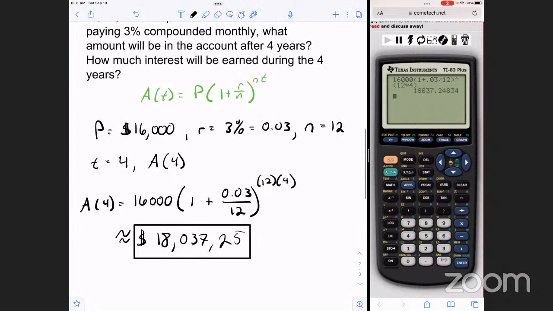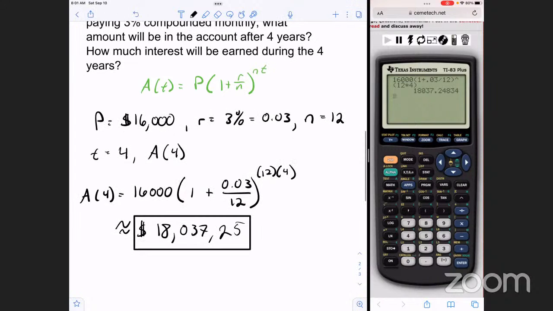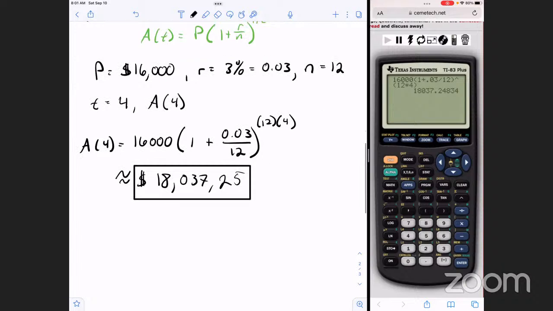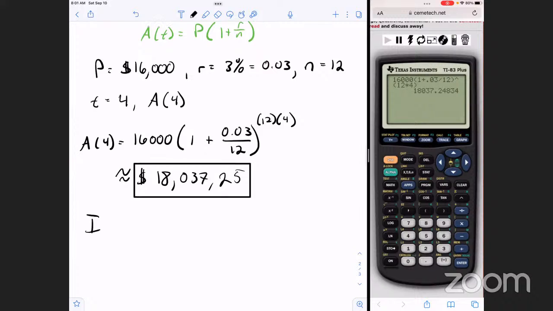And then the second part asks how much interest will be earned during the 4 years. So they went from 16,000. Our interest is going to be our future amount minus the principal.